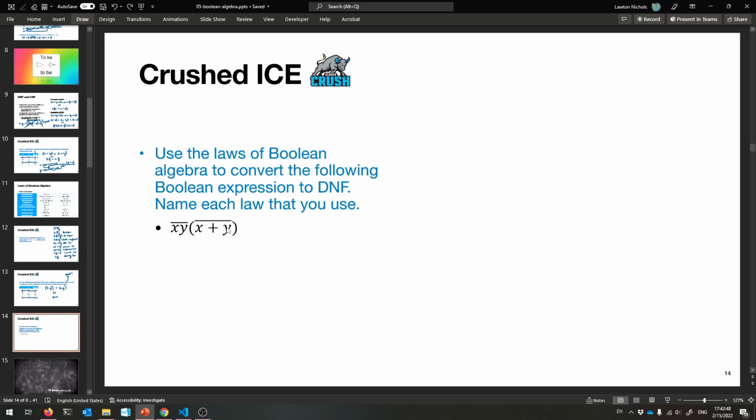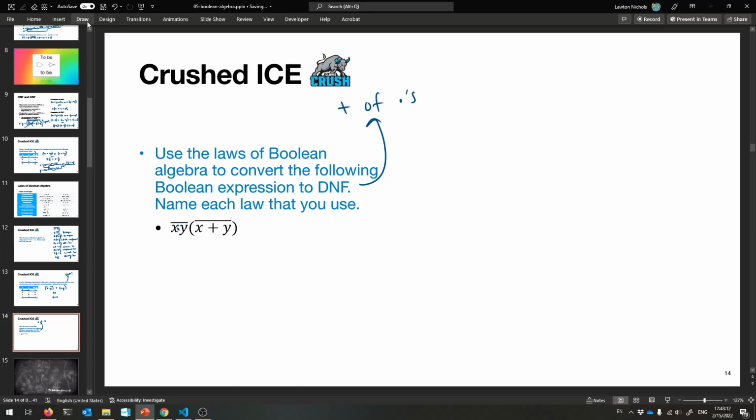So, first thing I want you to notice is this is not two separate bars. It is a single bar. So it is AND first, then bar. And remember that for DNF, we need a disjunction of conjunctions. So a plus of timeses, if you will. Keep that in mind.